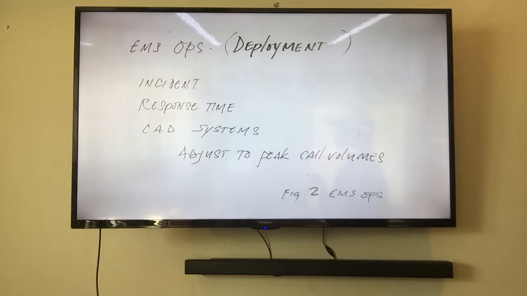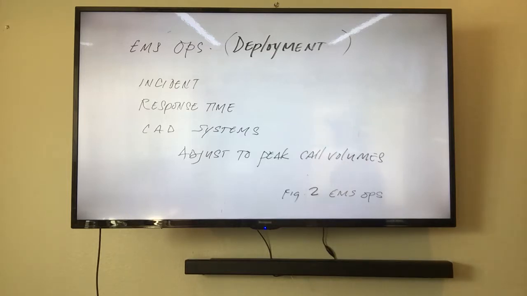Now, response times are set for our metropolitan and suburban or sub-metropolitan areas. There are usually two different types of response times based on the geographic location and the number of ambulance units, or EMS units, that we have in that particular area.